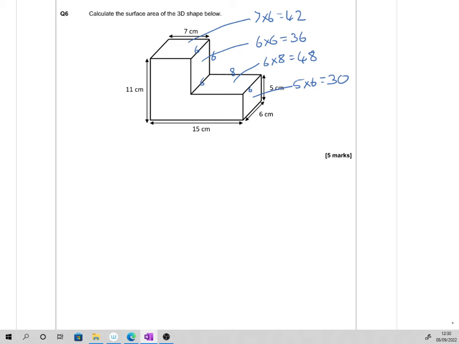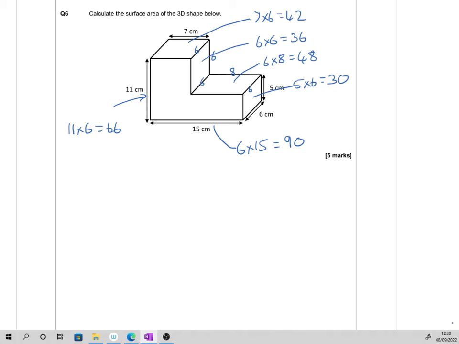Right, the bit at the bottom here, underneath, is 6 times 15, which is 90. So we've got some numbers to add up. What about this side? It's 11 by 6. So this bit round here is 11 times 6, which is 66.